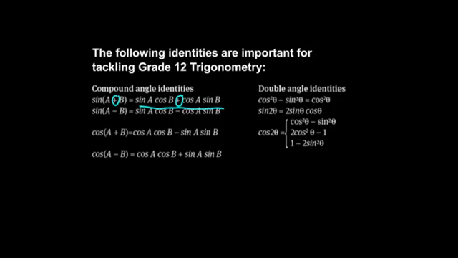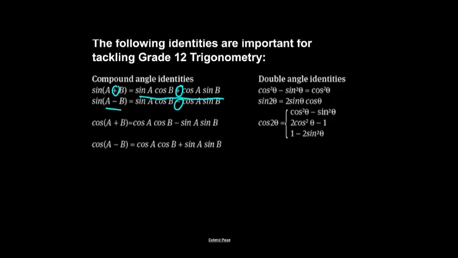So sine a plus b, you have your sine a cos b plus cos a sine b. Similarly, with sine a minus b, you've got sine a cos b minus, stays the same, cos a sine b. But now if you have a look at your cos expansions of your compound angles, cos of a plus b becomes cos a cos b minus sine a sine b.